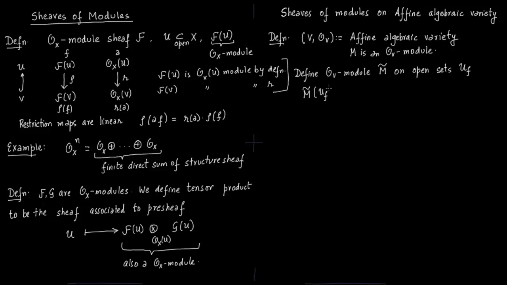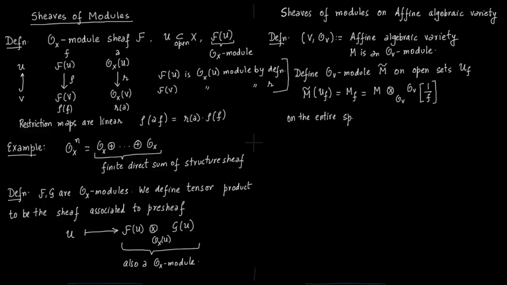So what is the module on the open set U of F? This is nothing but M of F, that is, the module M localized at F, which is nothing but M tensored with O of V localized by 1 by F. So you can see it is just a tensoring.